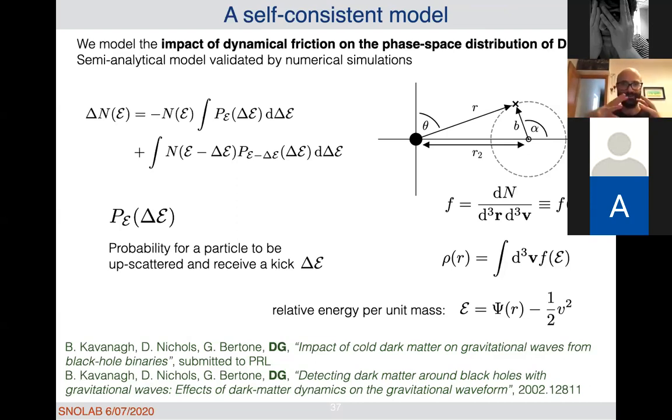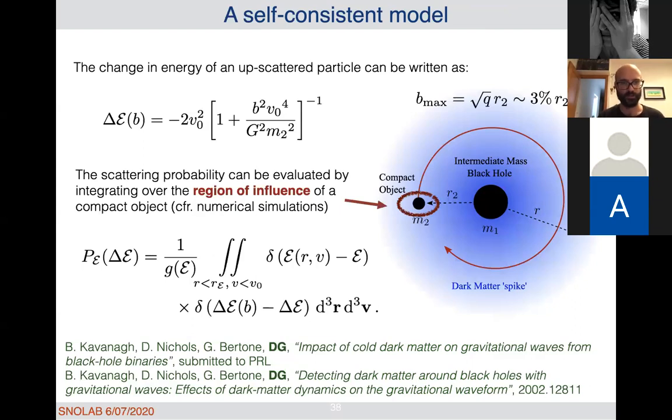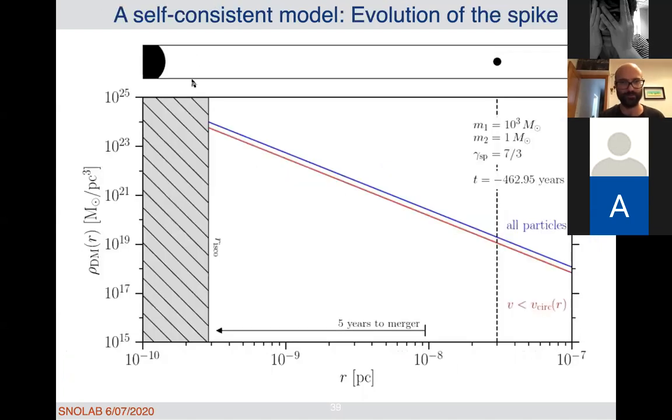So basically, you're moving particles in your phase space because you are injecting energy into the system. So some particles are upscattered and removed from your portion of phase space, and some others enter your portion of phase space because they are upscattered from lower energies. And okay, here are some more technical details that I can skip, because I would like to show you this movie, which is probably more illustrative.